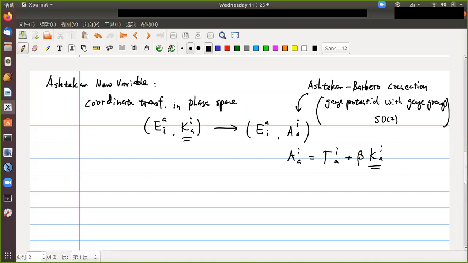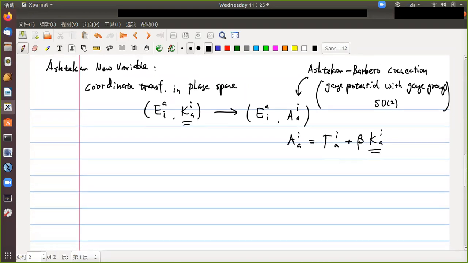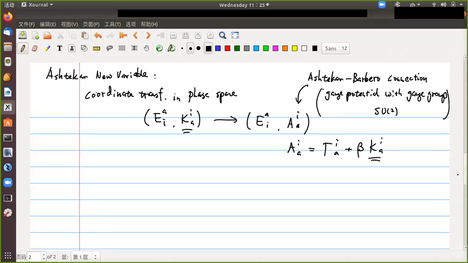The relation between SO(3) and SU(2) is just a double cover, and their Lie algebra is the same. Later on I will show you that this A is really a gauge potential. This coefficient beta of K is called the Barbero-Immirzi parameter. This is a free parameter in the classical theory.